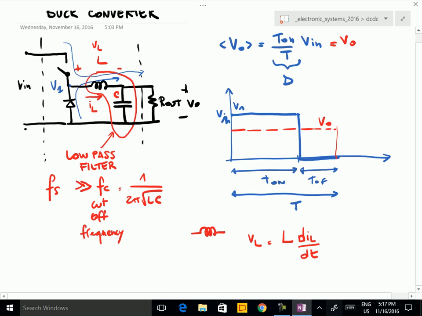And the alternate part of the current goes through the capacitance, because across the capacitance no constant current can pass.